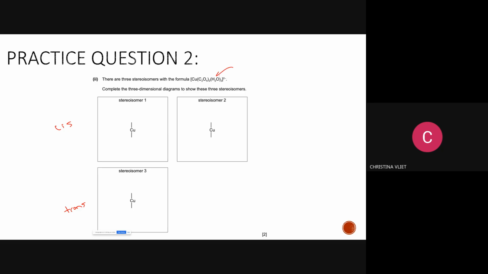The monodentate ligand. So water. So my trans variant for water would be just like writing H2O like this, H2O like that, right? Trans. How do I plug in the C2O4?